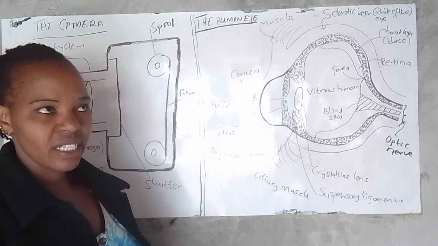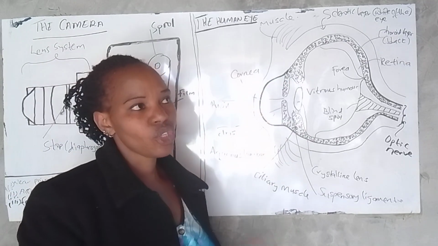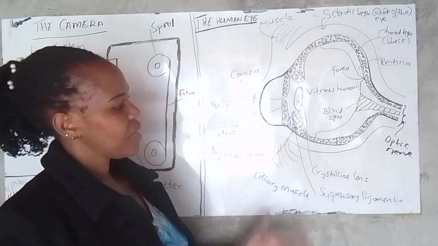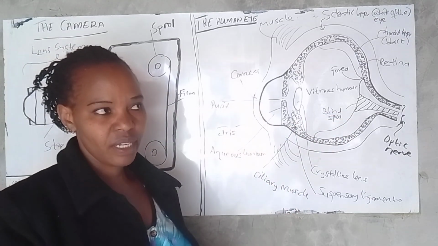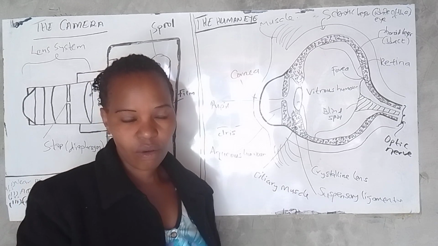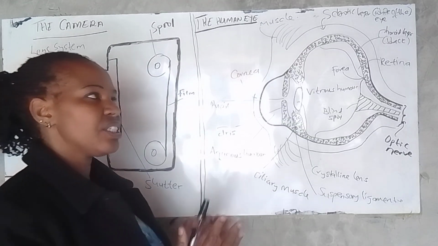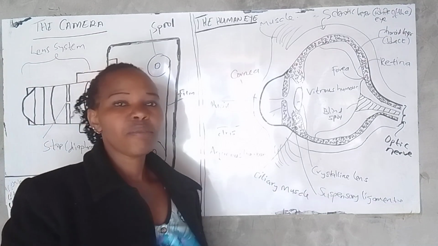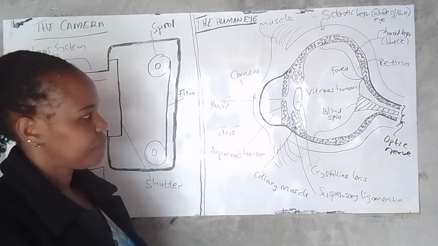When too much of it gets into the eye, the excess, which is not going to fall on the retina, is going to fall on the choroid layer, and it will be absorbed by the choroid layer. Remember, black is a very good absorber of light. So it will not cause too much lighting inside the eye. That's why it is black.